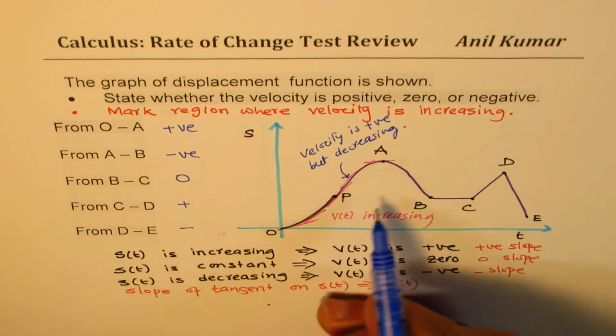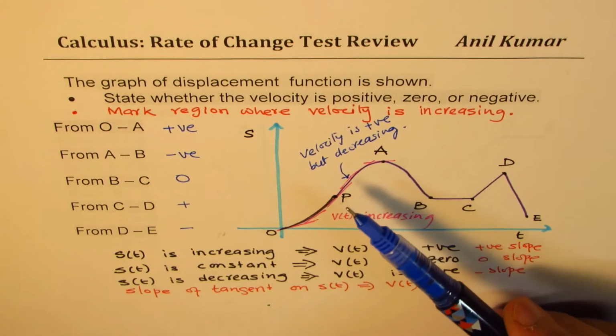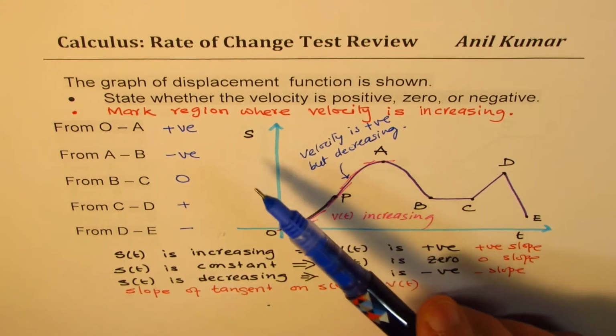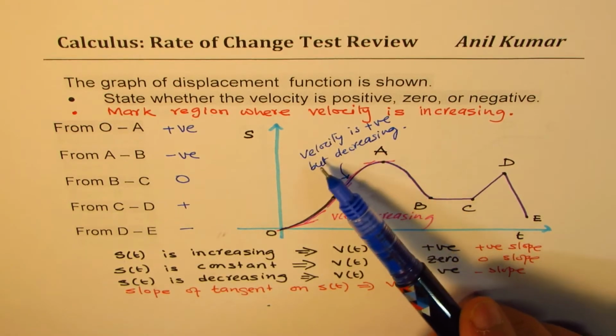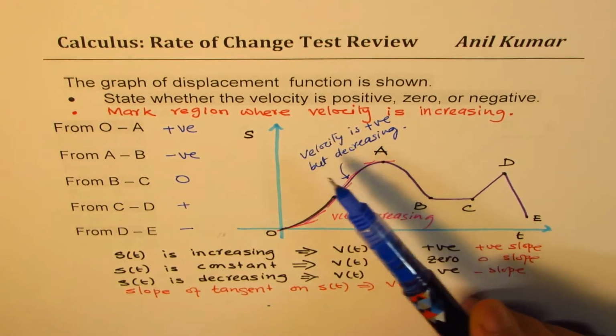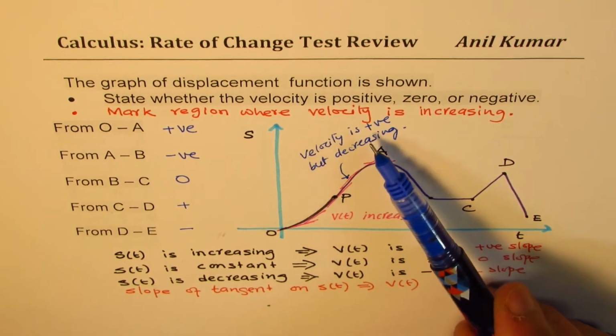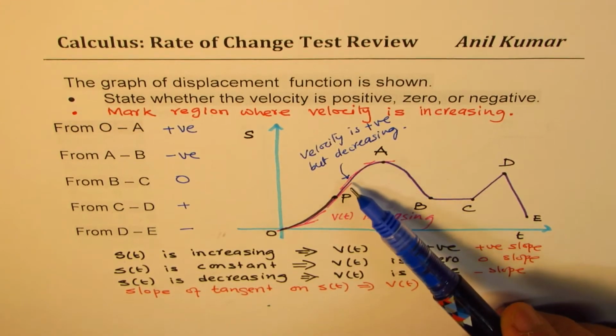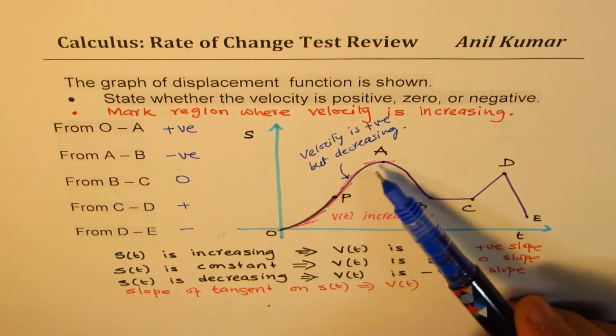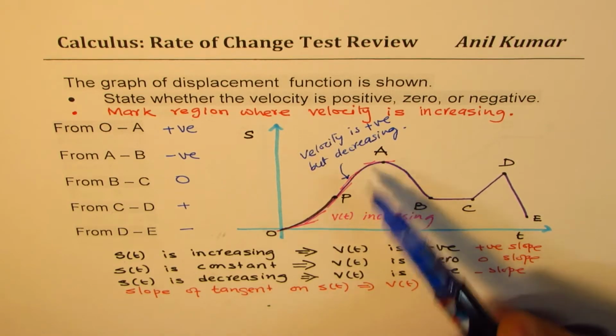So now I hope you appreciate that we can actually also figure out from the displacement graph whether the velocity is increasing or decreasing. It may be positive, but still, now you see, the slope is moving towards 0. That means velocity is decreasing.